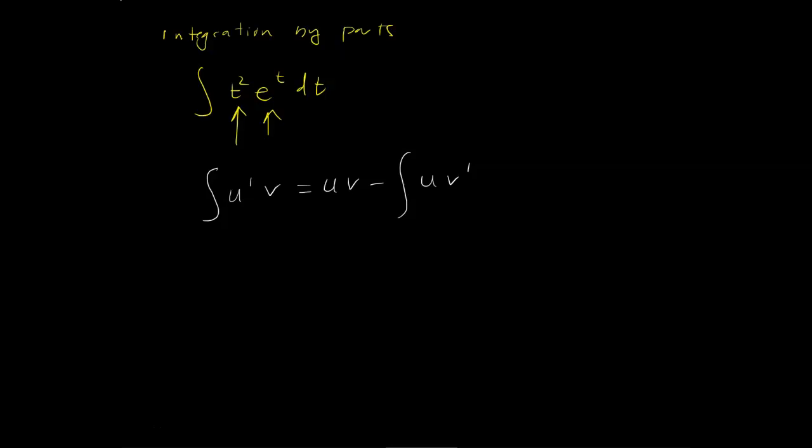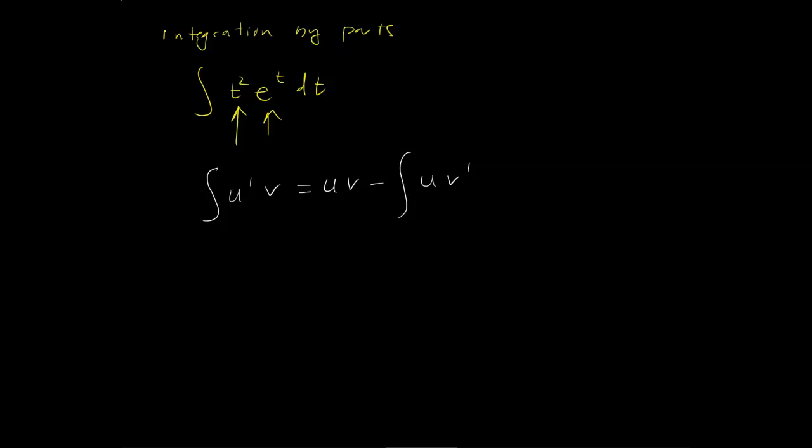If you don't have that formula memorized, it might be helpful to think about the product rule of derivatives, and then integrate this and rearrange algebraically. You'll get the formula up above. Okay, but let's get rid of that for now.